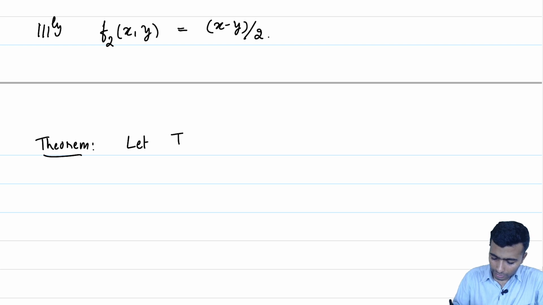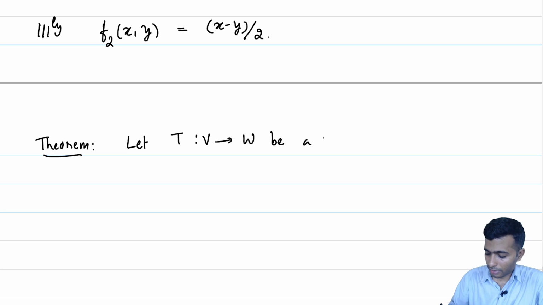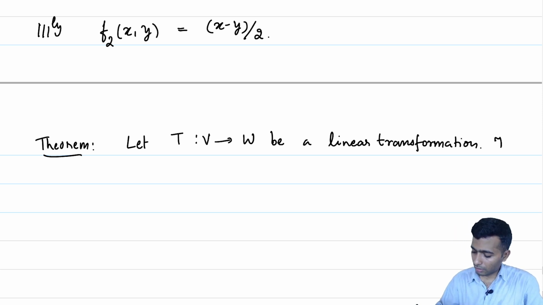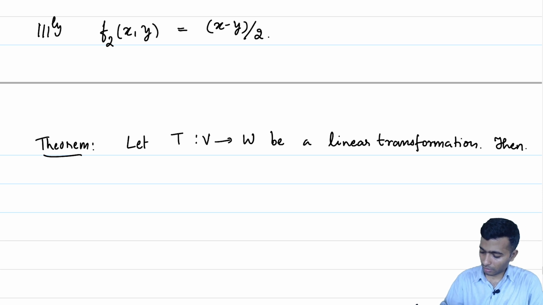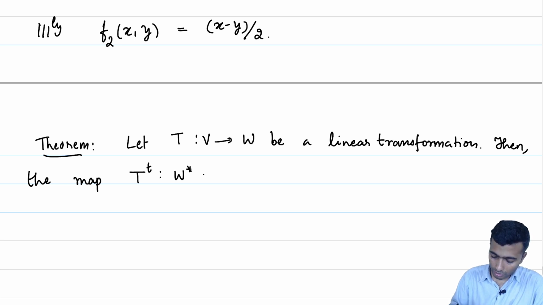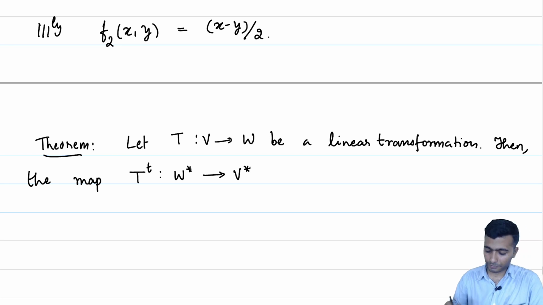So, let T from V to W be a linear transformation. Let us not assume as of now that it is finite dimensional. We do not need finite dimensionality yet. Then the map T transpose, which is from W star to V star.